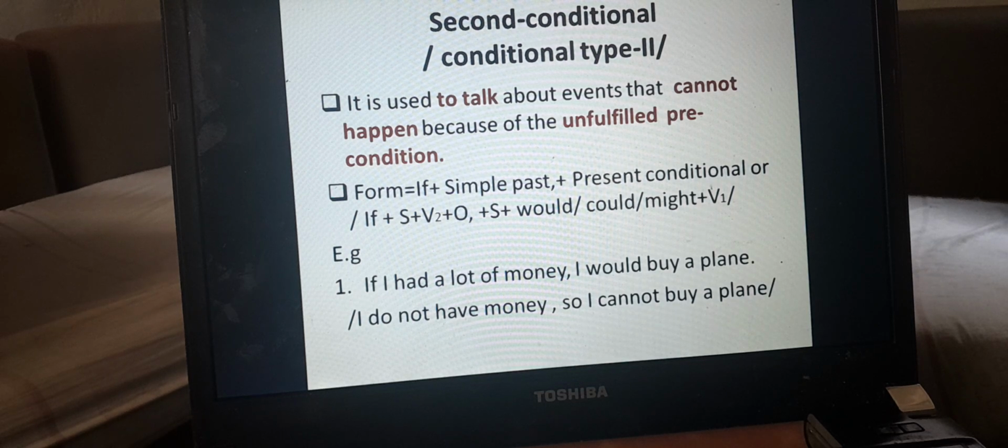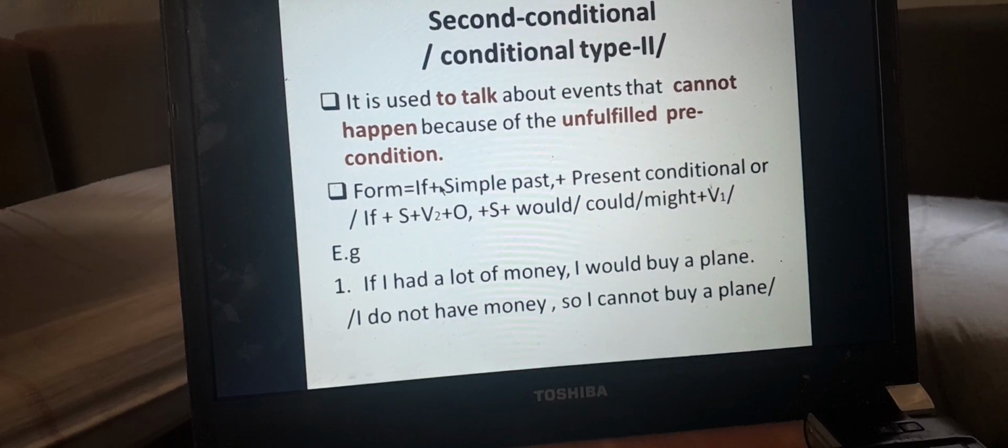For example, if I were a bird, I would fly, okay? Because of natural factor, here no chance to be a bird. But simply you can say that if I were a bird, I would fly. So to express ideas like this one, you can use second conditional or conditional type 2 in English, okay?